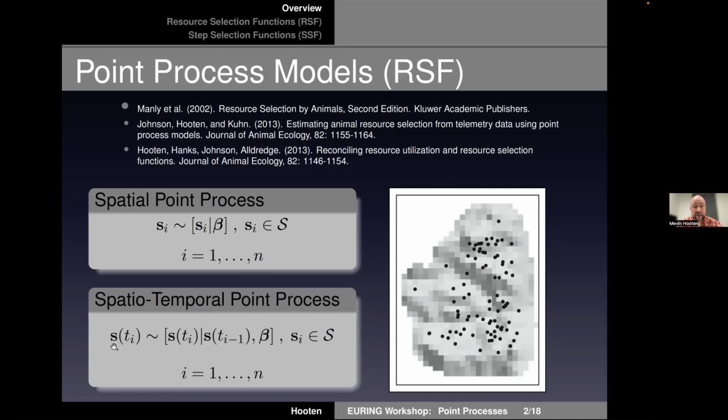And so here we have S that's denoted as a position associated with time, T, and fix I. So now you could imagine the time becomes important, and you could somehow build a model that conditions that position on what may have happened in the past.